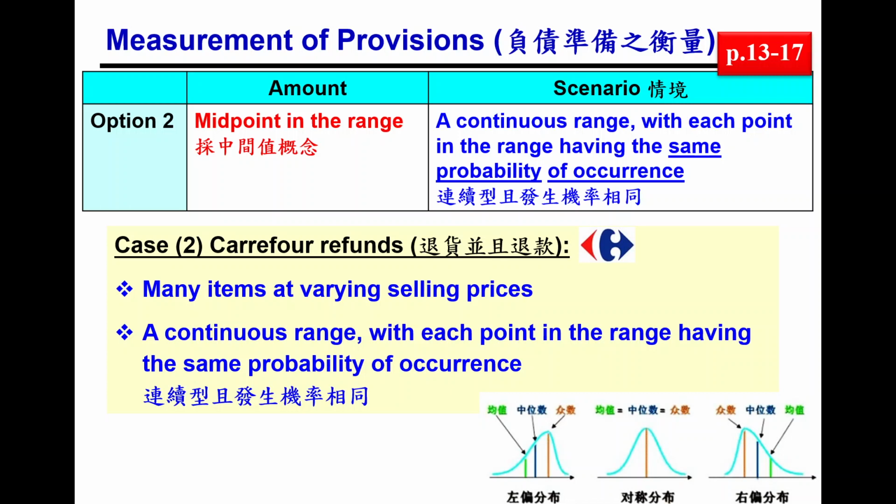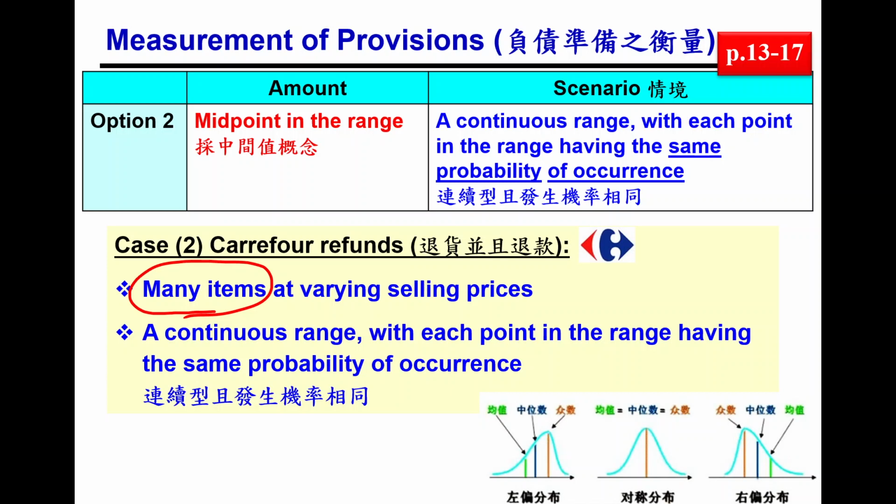Usually in this kind of outcome, we have a lot of products, a lot of items, like a grocery store. You have so many different kinds of drinks, so many different kinds of cookies. So it's not only two or three outcomes, we have so many items, and for each item, we have the same possibility.